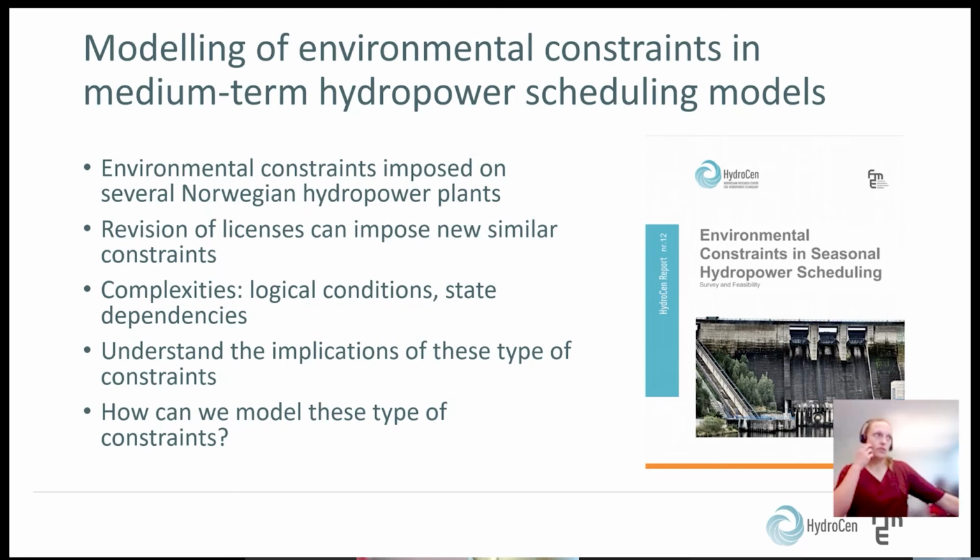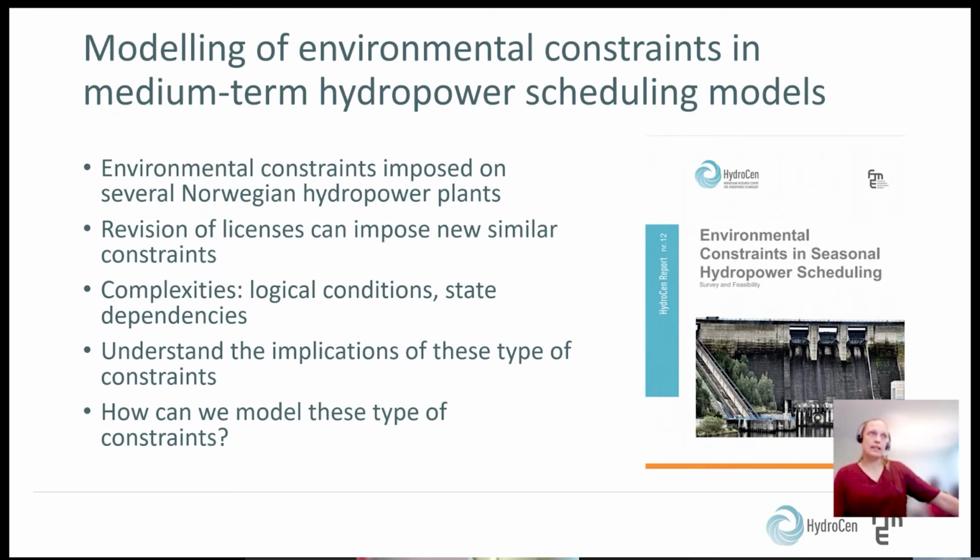And some of these constraints are more complex than other constraints. So especially constraints that include logical conditions, if this then that, or state dependencies, they can be more challenging to include in the scheduling models that the producers use when planning how to operate the hydropower plants.